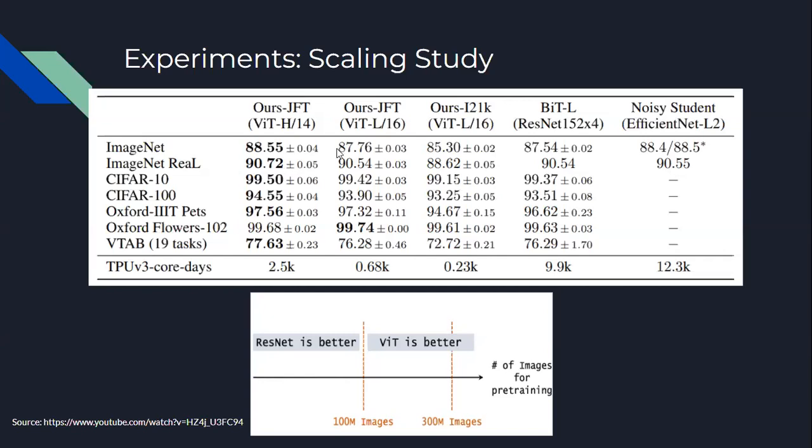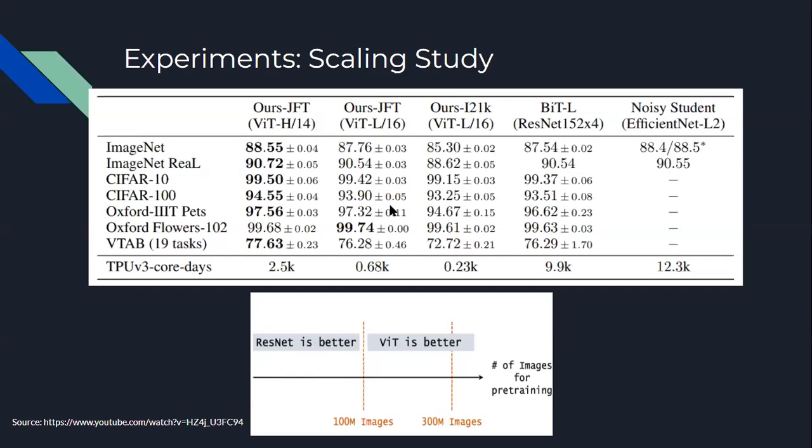These are the accuracy metrics and the computational metric, for which they used TPU v3 core days. So when they used the smaller ImageNet data set, the Vision Transformer had the worst performance compared to ResNet. The ResNet did very well with the small data set.